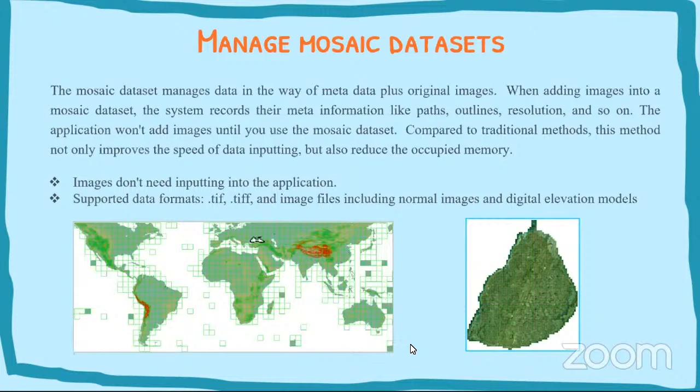When adding an image into a mosaic dataset, the system will record its meta information like path, outlines, resolution, and others. So the application won't load the images until you use the mosaic dataset. Compared to the traditional method, this method not only improves the speed of data importing, but also helps to reduce the occupied memory.